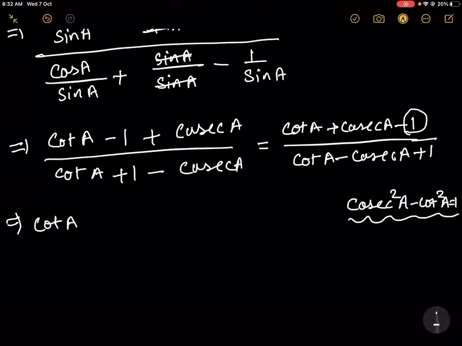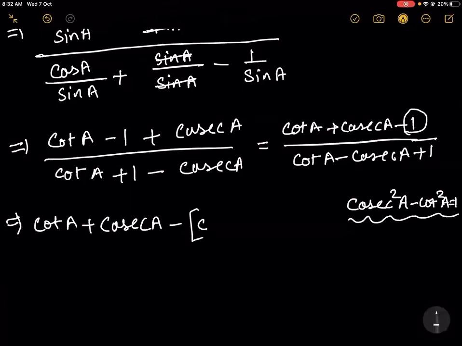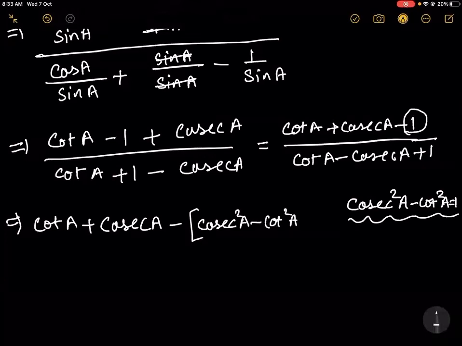Cot A plus cosec A minus (cosec square A minus cot square A).